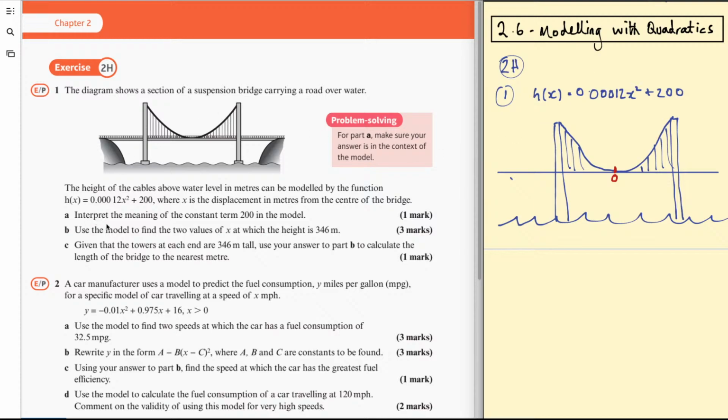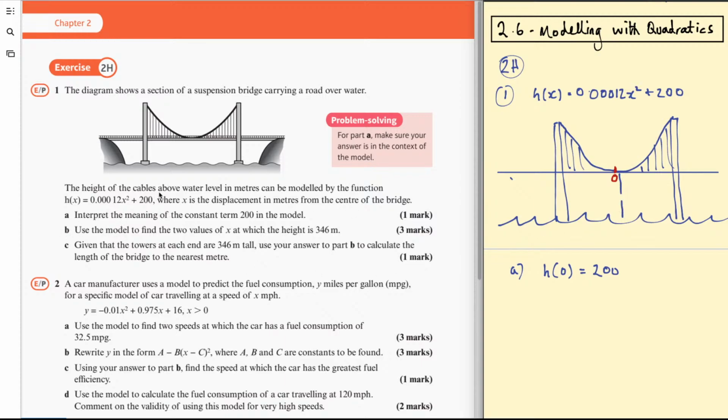So when X is 0, we would have H of X equal to 200. Another way of saying that is H of 0 equals 200. So that's at this point here. So the height of the cable above the water is 200.